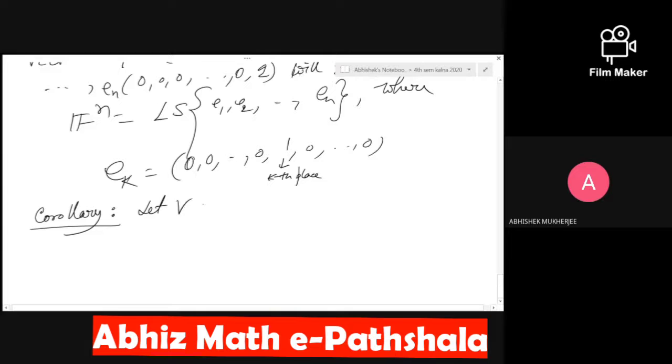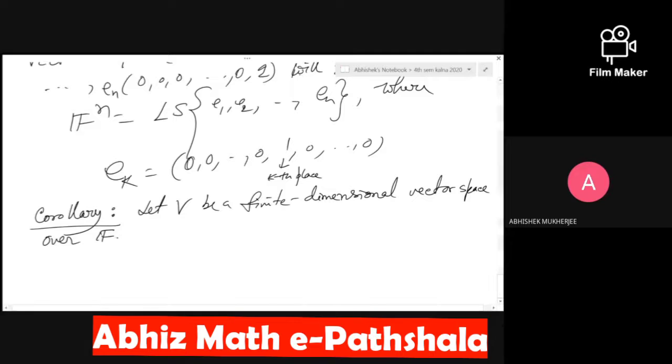So let us suppose V be a finite dimensional vector space over the field F. At each time, wherever you consider a vector space, you must mention the field. That is very important. This is a practice actually. The vector space over F.